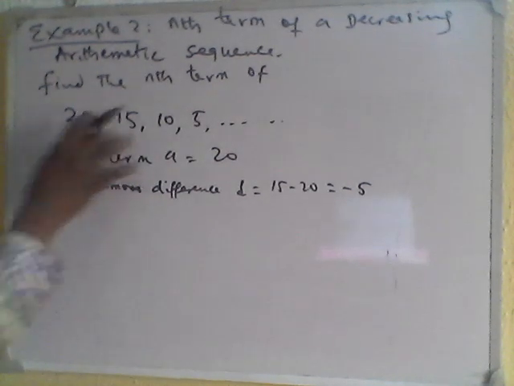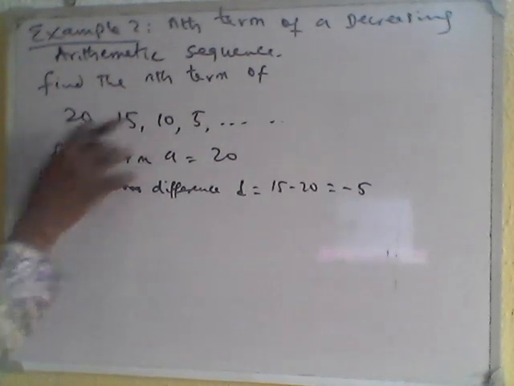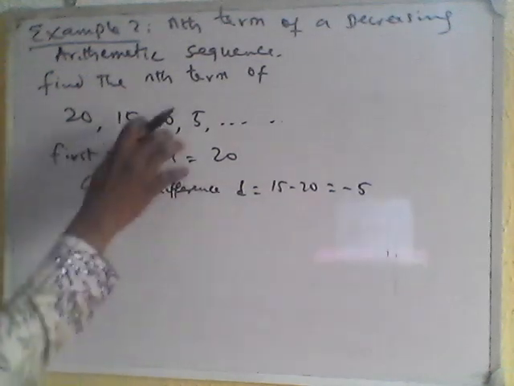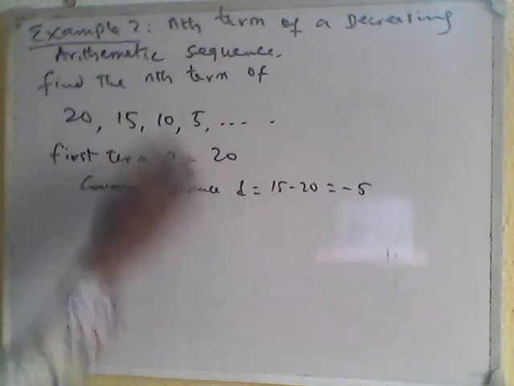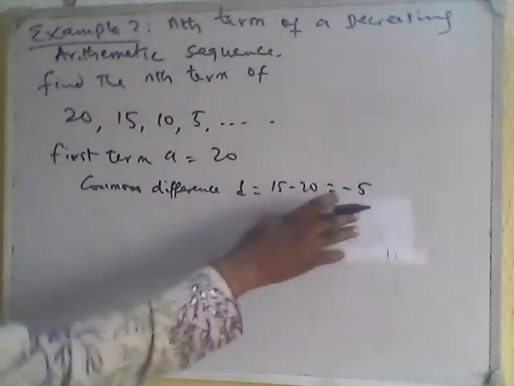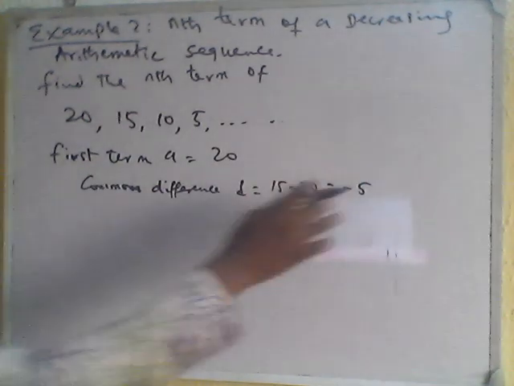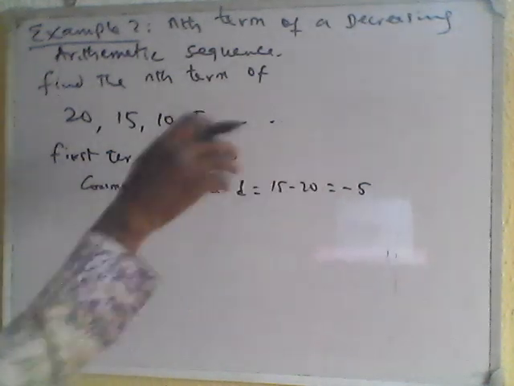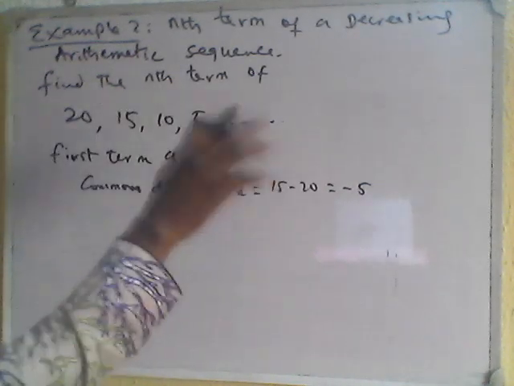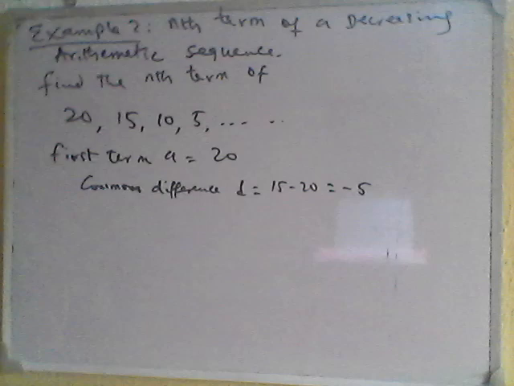First and second term, 15 minus 20 is minus 5. 10 minus 15, still minus 5. 5 minus 10, still minus 5. Any one you take, it will still give you minus 5. So that minus 5 is the common difference. And this minus is telling us that this arithmetic sequence is decreasing.